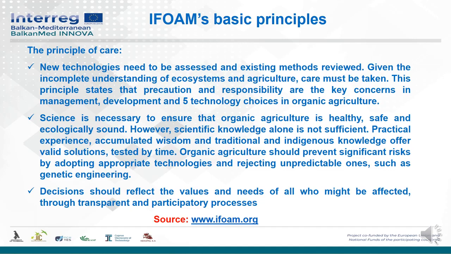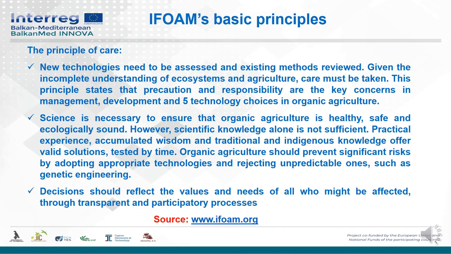Many valid solutions, which are tested by time, are not tested in a real experiment, but time has been the best way in which farmers have tested their knowledge and technologies.